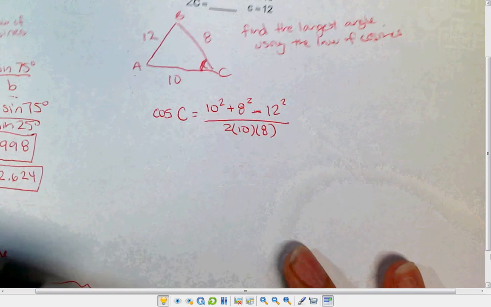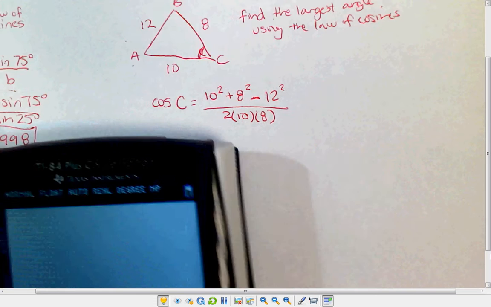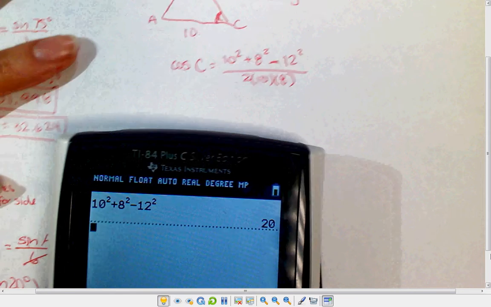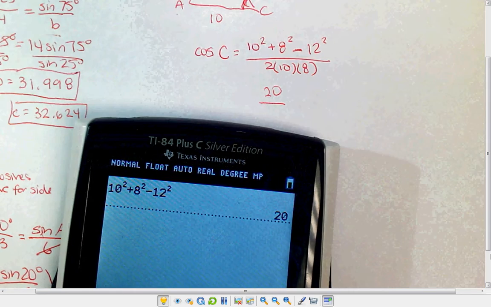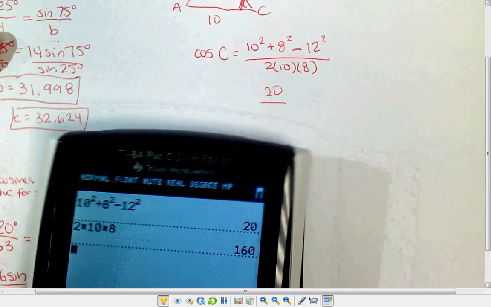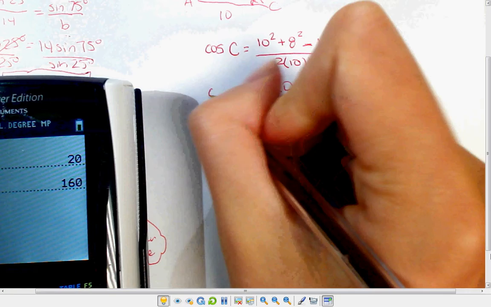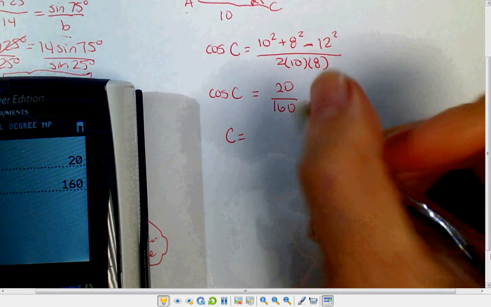And now we're going to use our calculator. Again, if you're not really good at putting fractions into parentheses, you should be doing the top and the bottom separately. So 10 squared plus 8 squared minus 12 squared gives us 20 in the numerator. 2 times 10 times 8 gives us 160 in the denominator. And to solve for C, we need to undo the cosine.